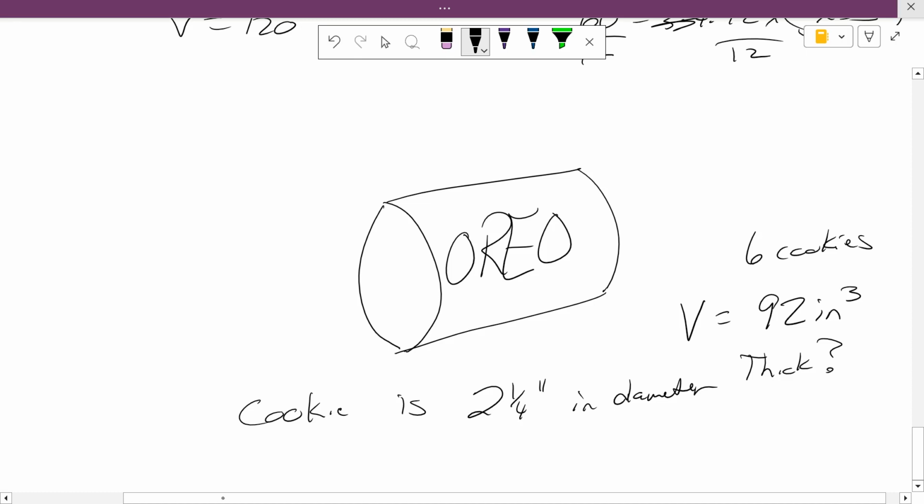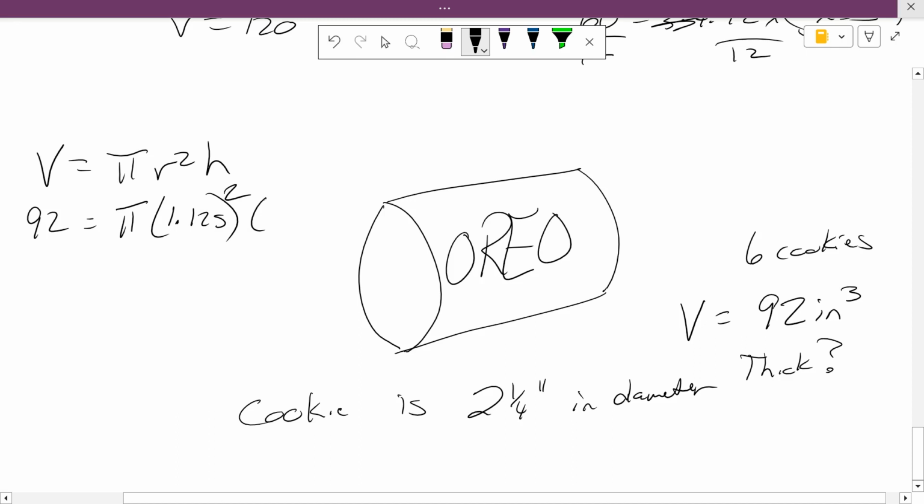So, volume, what type of shape is this? Cylinder equals pi r squared h. So 92 equals pi. What's my radius? 1 1/8 or 1.125 squared times, there's 6 cookies, so it's 6x, 6 times the thickness of each cookie.